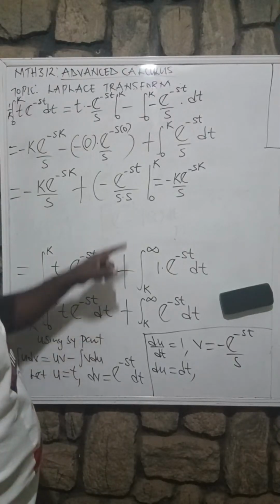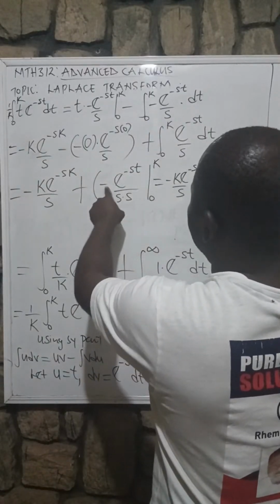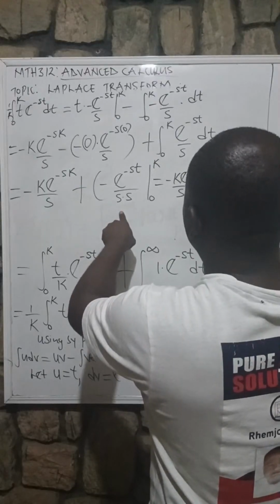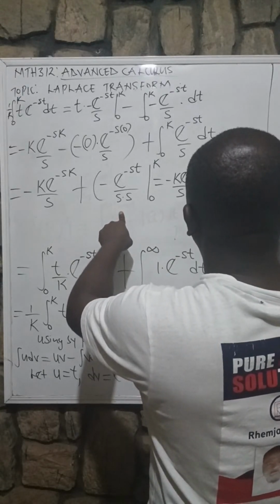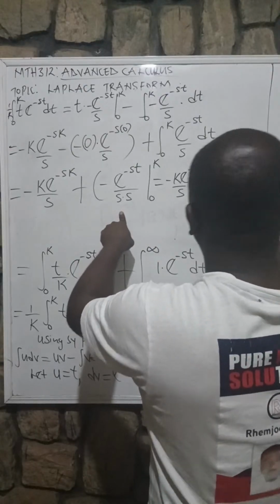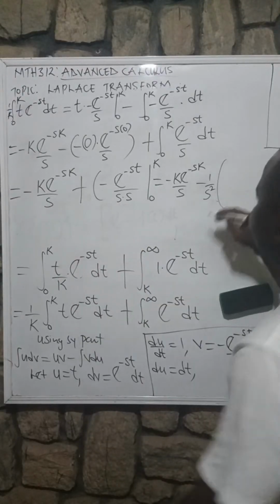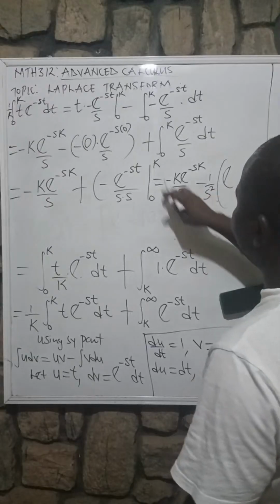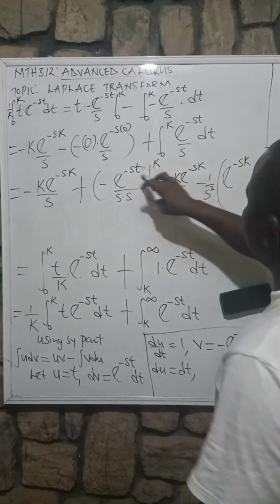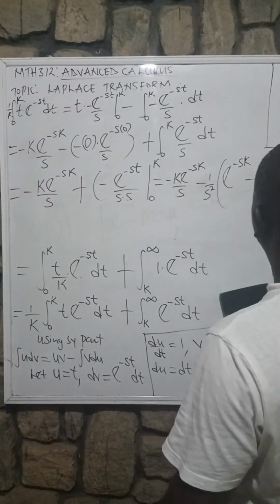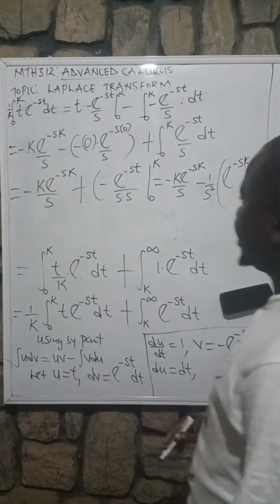So here we are going to have this minus, open brackets, let's do it this way, minus 1 all over s squared, because s times s is s squared, open bracket, exponential minus sk, you substitute in the k, then minus exponential minus s open bracket 0, close the bracket.